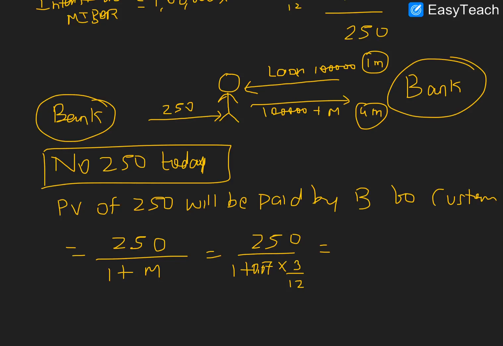So that's 250 divided by 1.0175. That's basically 250 divided by 1.0175. That's 245.70, and this is the settlement price.